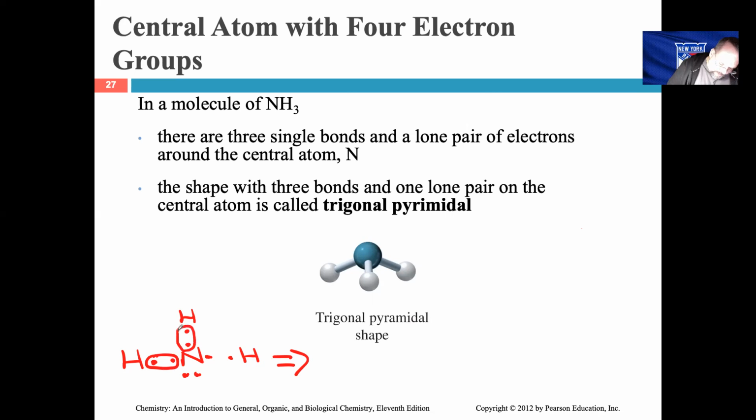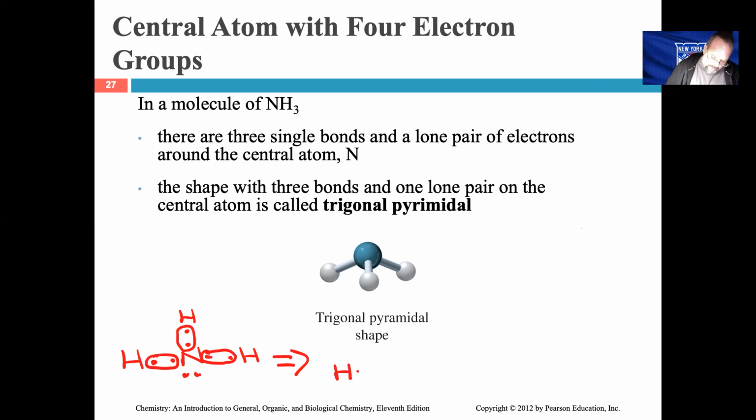Each hydrogen is going to share one of its valence electrons, or its 1 valence electron, with nitrogen. And the nitrogen has valence electrons itself to share back, forming what types of bonds between those hydrogens and the nitrogen? Forming single bonds, because they're going to be sharing 2 electrons total.